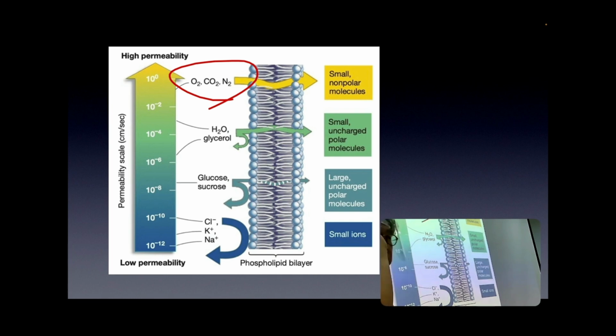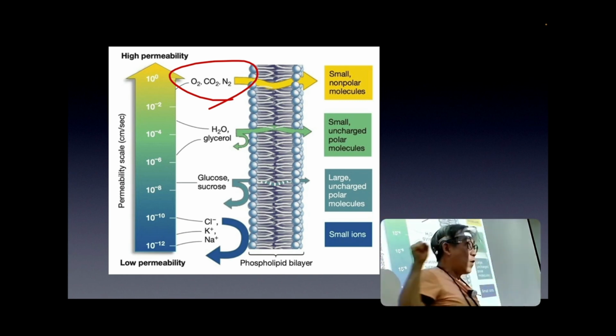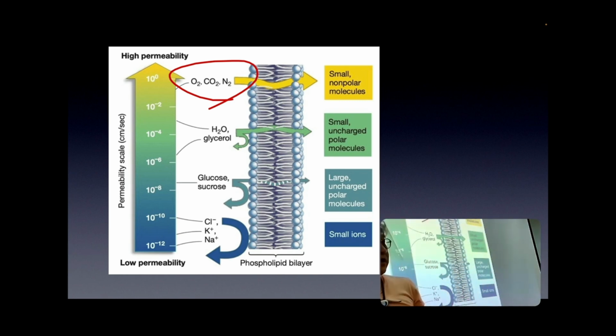These are very small components, size-wise, and they don't have any charge. They are non-polar and small, better yet. So they wouldn't have any restriction in passing across the cell membrane.